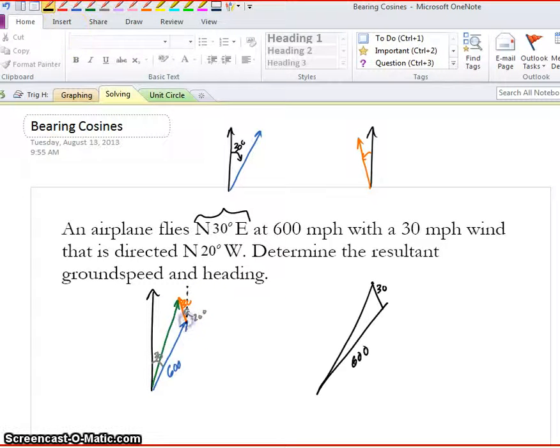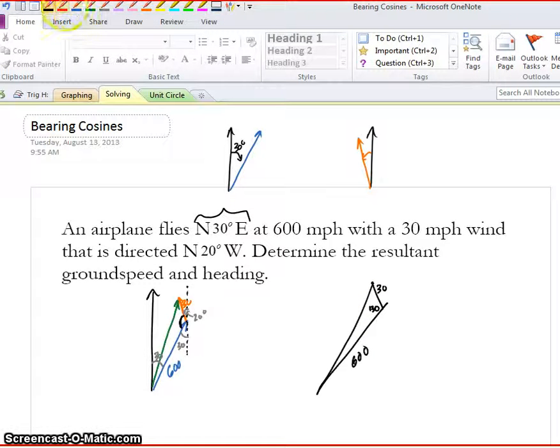Continuing this dotted north line, I know that this angle here must be congruent to the 30-degree angle here, which means that the angle inside the triangle will be 180 minus 20 minus 30, or 130.